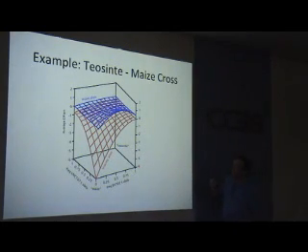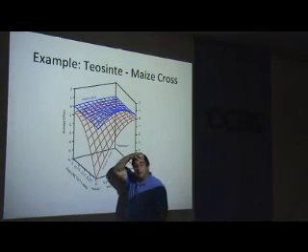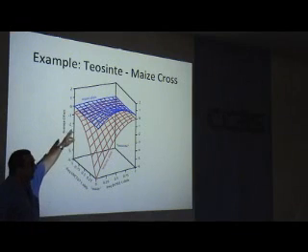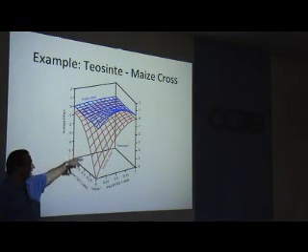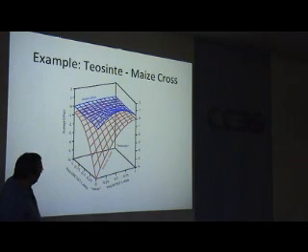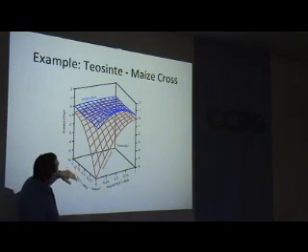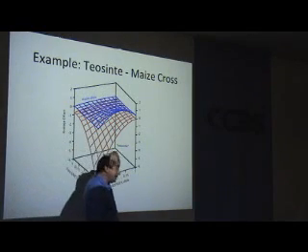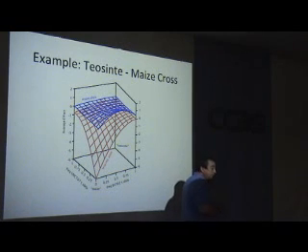And what we see is that in that pure teosinte background, this is a single allele at a single locus, and this is the maize allele, and this is the teosinte allele. What we see is that back in the teosinte background, they're neutral.